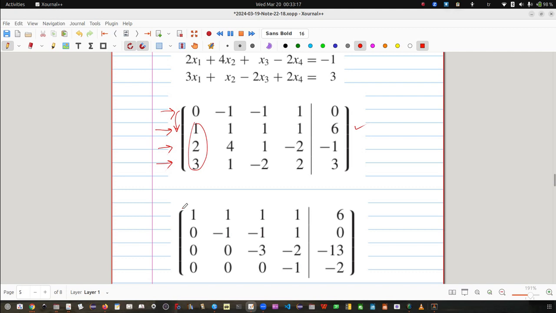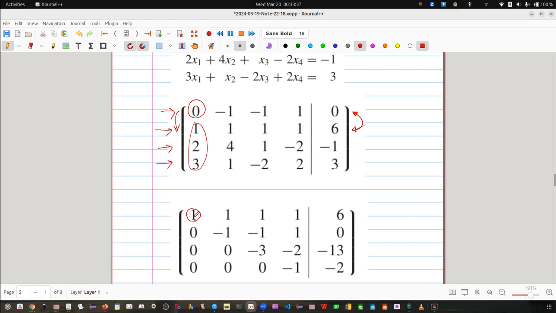There should be a coefficient here to eliminate the bottom one, so we exchange the rows so that the top row has the pivotal element. The pivotal element should be non-zero so that you can use it to eliminate the bottom ones.